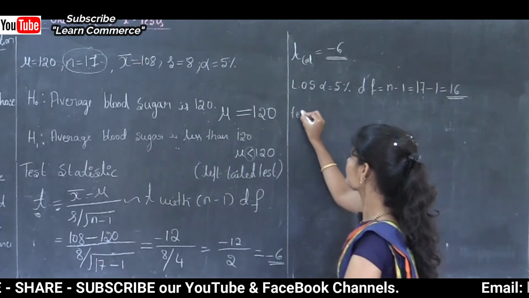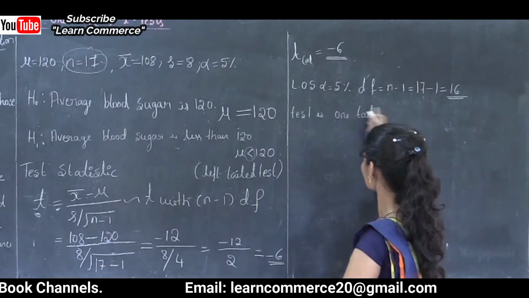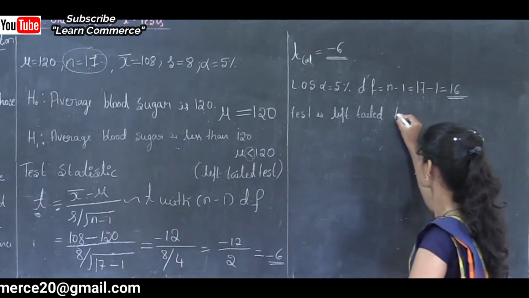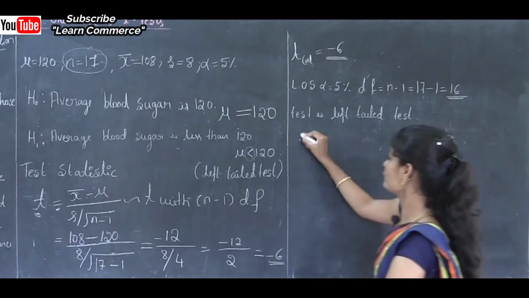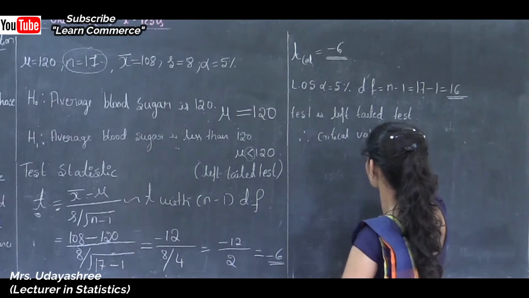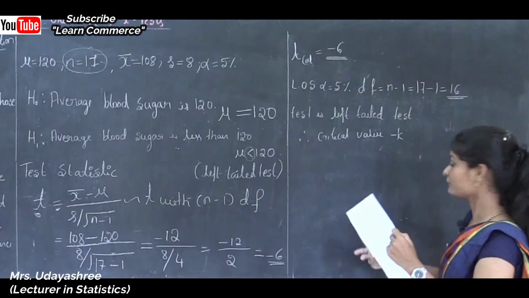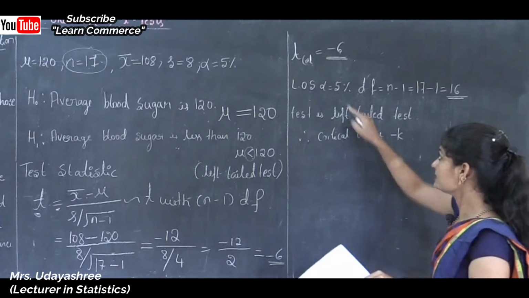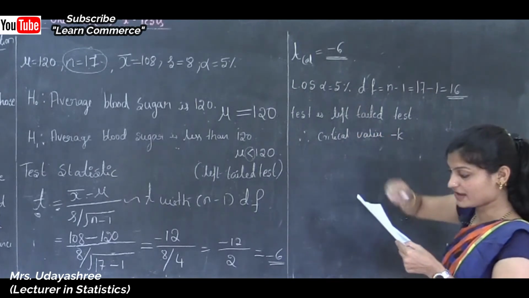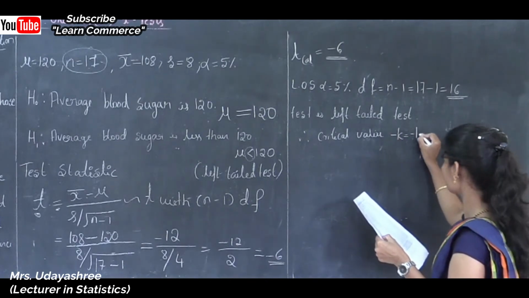So the test is a one tail test, a left tail test. In the table, degrees of freedom 16, one tail test, and level of significance 5, the critical value is minus 1.75.